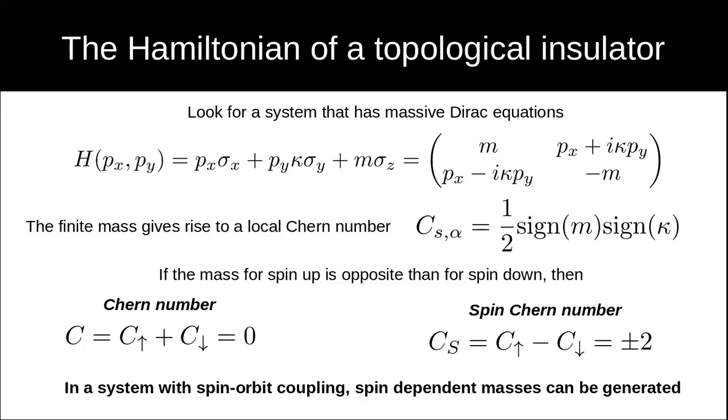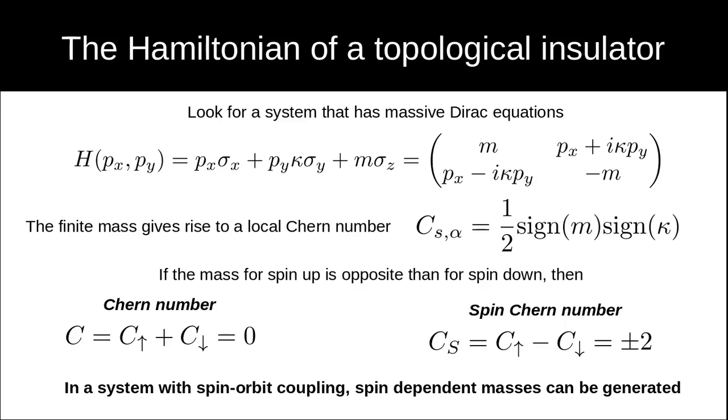And if we now assume that opposite spins have opposite masses, we effectively end up with an electronic structure that has a total Chern number equal to 0, because we do not break time reversal symmetry, but a spin Chern number that is ±2.